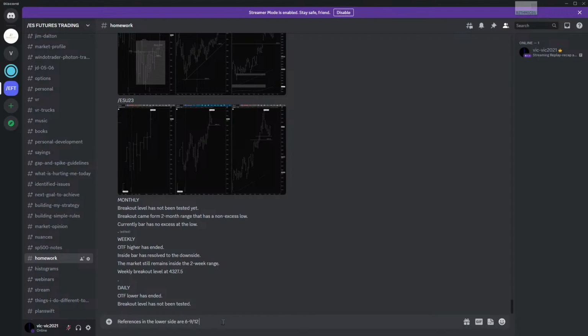And they have no access, which are no access lows, weak lows, meaning reaction to the downside has not been completed yet.